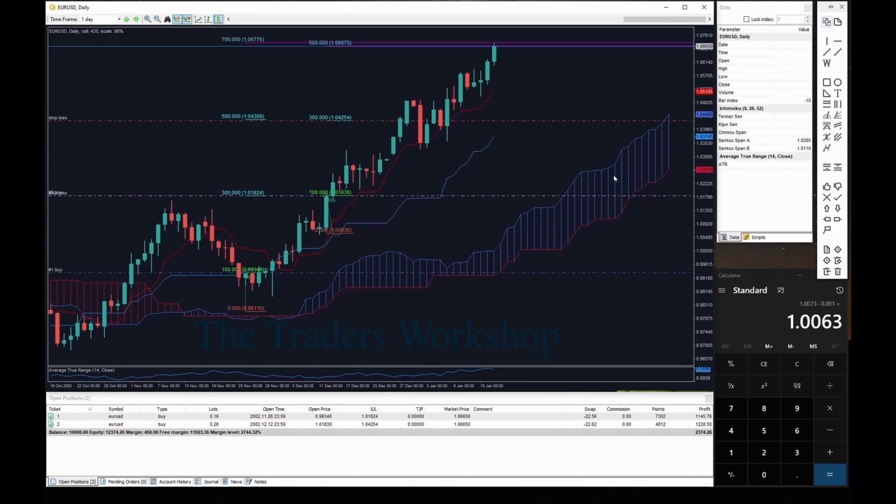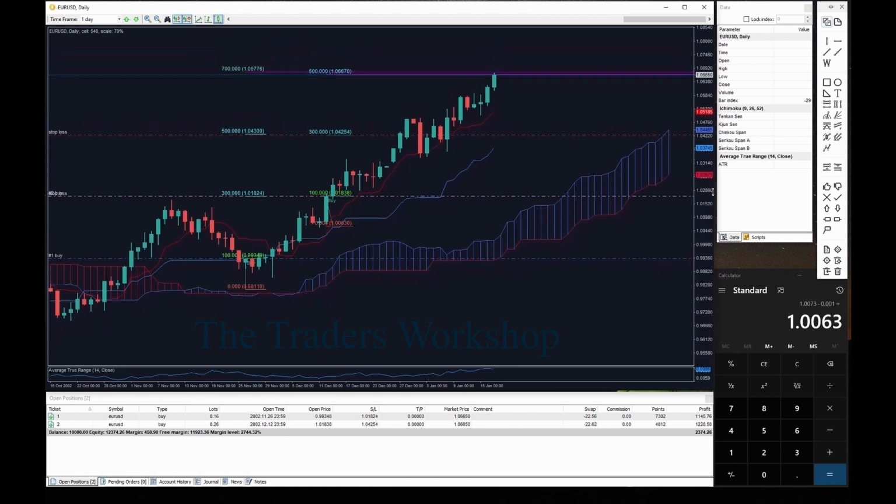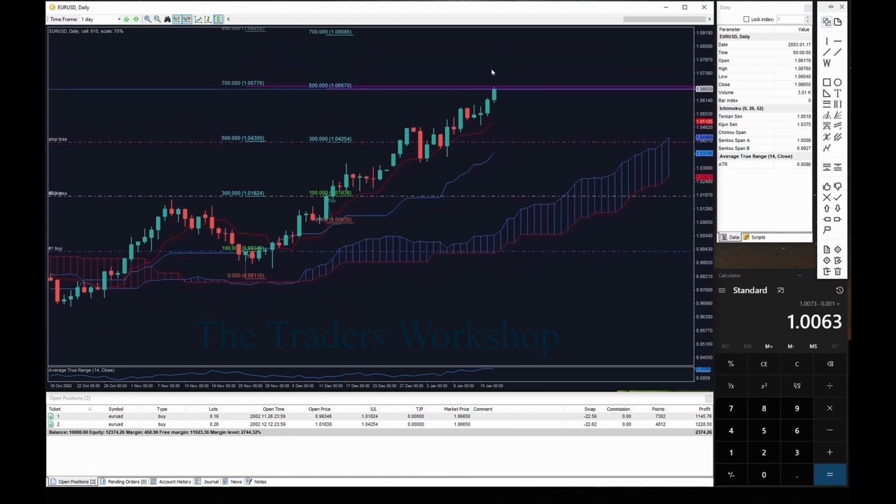Now, let's build the next scenario for this position, then update the ray line's description and price level. Let's adjust to a bigger scale so we can see the next level above the chart. If the market continued to push up and hit the level 700, we will move the stop loss to level 500.